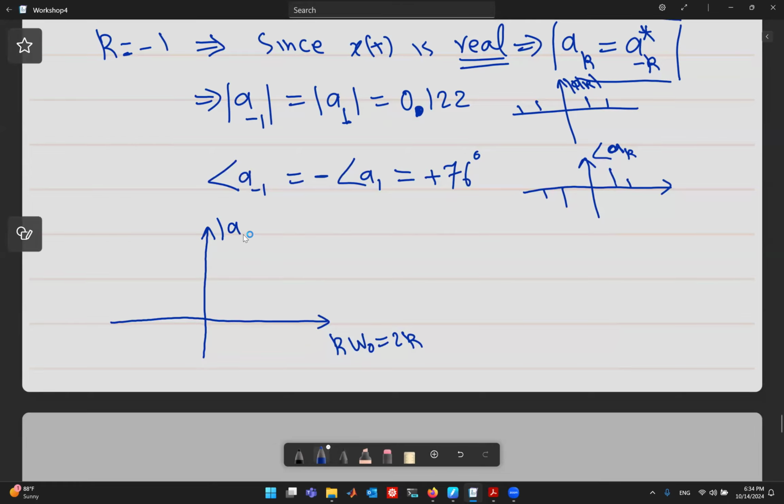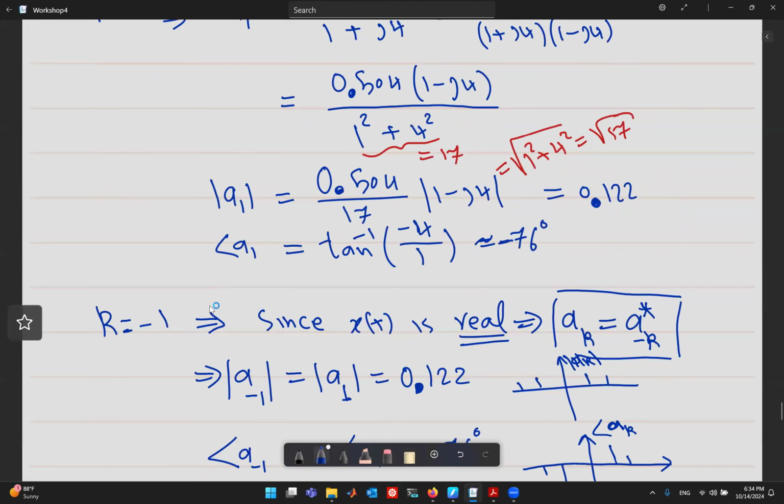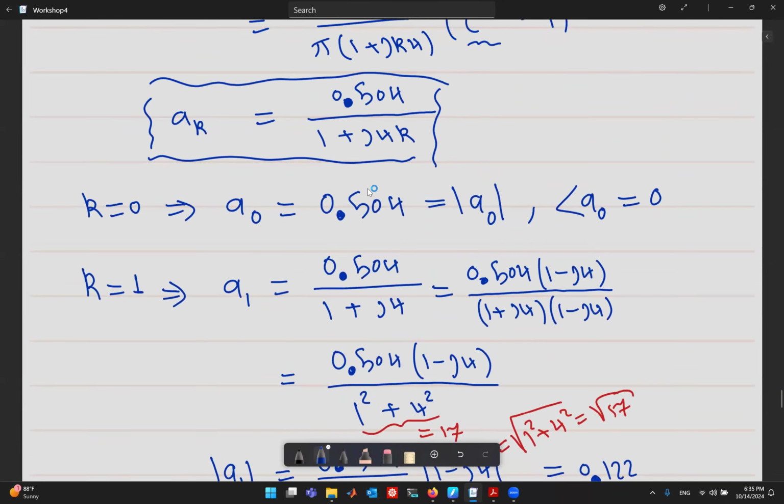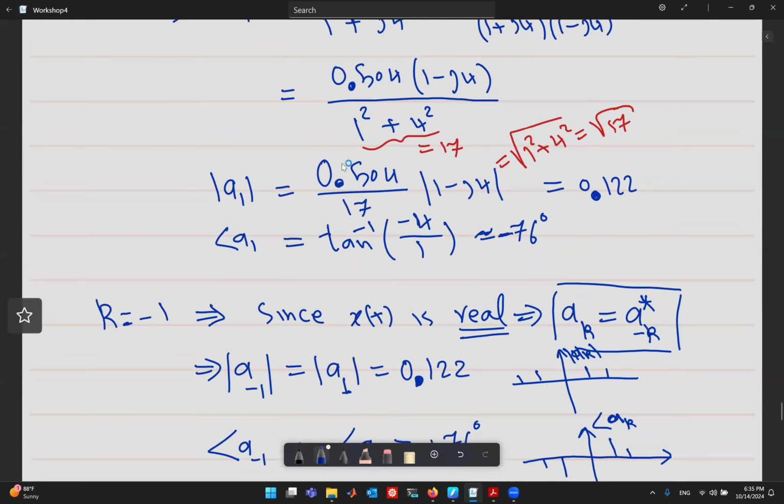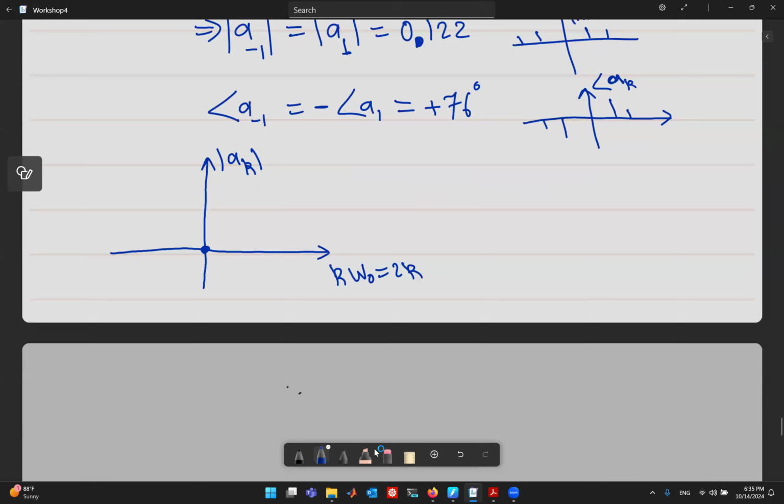And here I'm plotting the magnitude of a_k, which at k equals 0 was this value, 0.504.